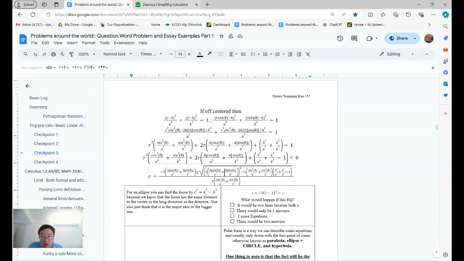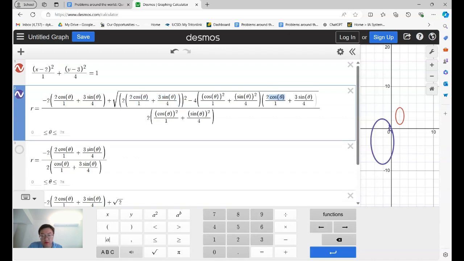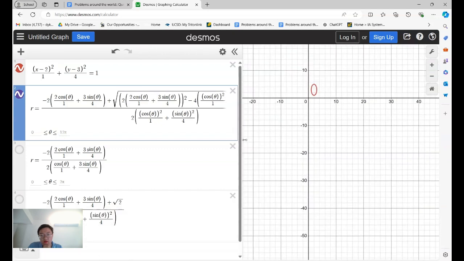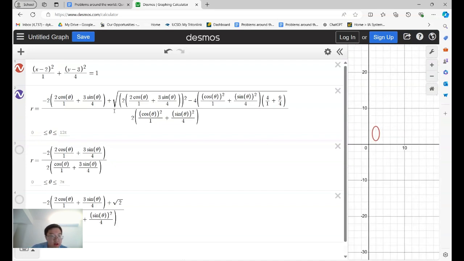But we'll see. I think we definitely messed up. I definitely messed up somewhere, but we'll see how much I messed up. I'm not even getting a function anymore. So yes, I did mess up somewhere in the calculation.